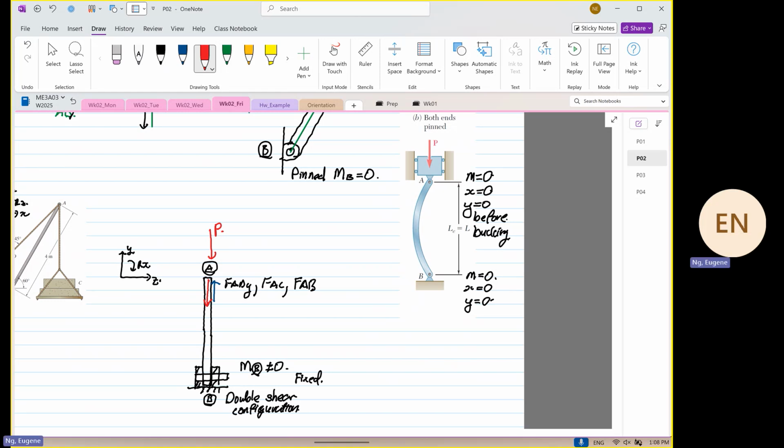How will the structure deform? The structure now, maybe today I change. I don't want to always go to the left. I go to the right. Now to the left.